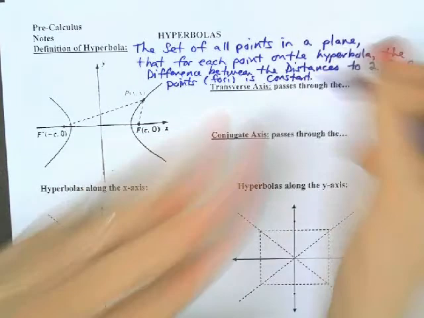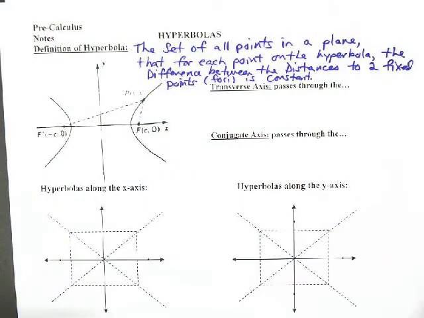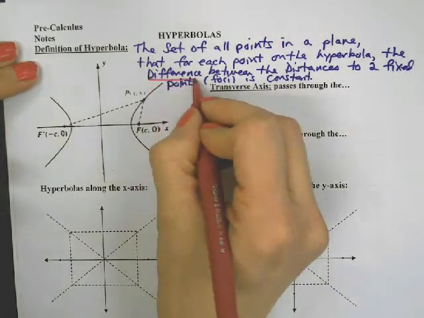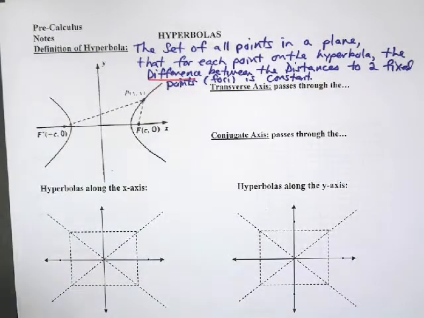So if you're taking a test or looking for a key word here, we've got the difference between the distances, whereas ellipse was the sum.